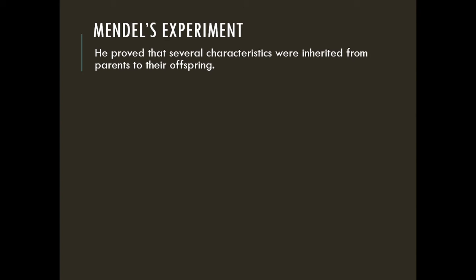But they noticed that in some cases that did not really apply so well. Let's suppose that there are two parents, one with brown eyes and the other with sky blue eyes. When they have a baby, it's most likely that the baby is going to have brown eyes. So they couldn't really prove the theory just with observations like that. But Mendel did something different that we're going to analyze.